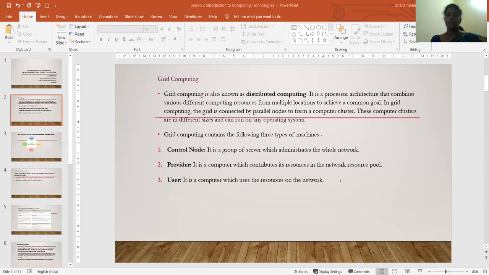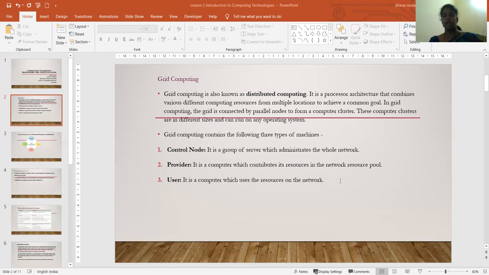When a computer makes a request for a resource, the control node gives the user access to the resources available on the network. When it is not in use, it should ideally contribute its resource to the network. Hence, a normal computer on the network can swing between being a user or a provider based on its needs.